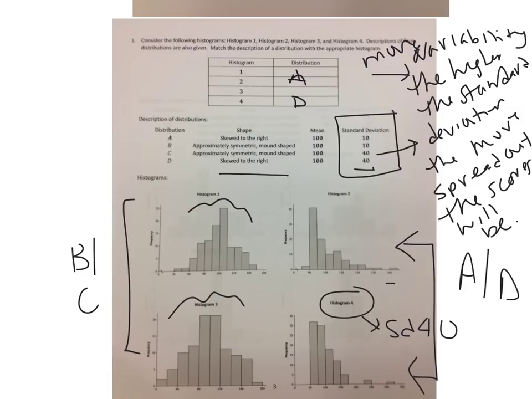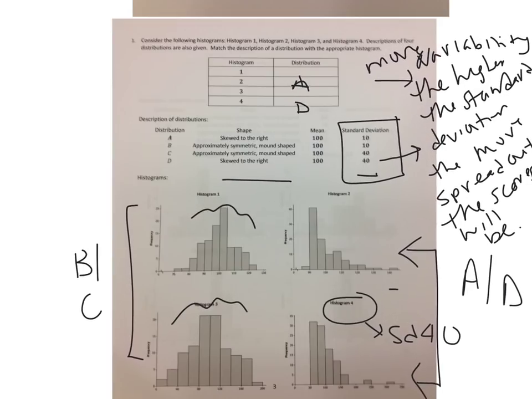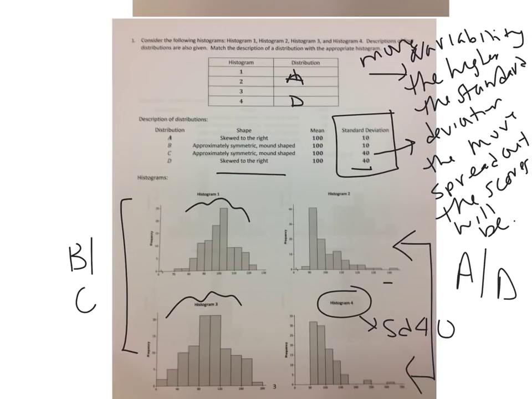So between histograms 1 and 3, the data in histogram 3, the bottom numbers are more spread out, therefore you would have a bigger standard deviation. So histogram 3 should go with choice C. Therefore number 1 should go with letter B.